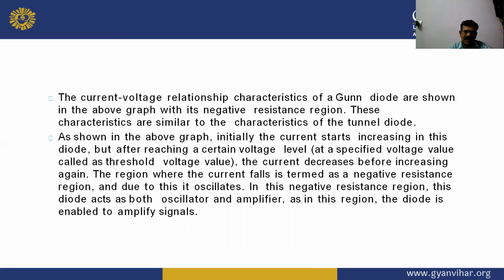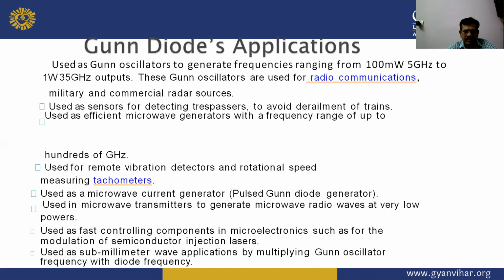This diode acts as both oscillator and amplifier. As in this region, the diode is unable to amplify the signal or increase the strength of the signal.